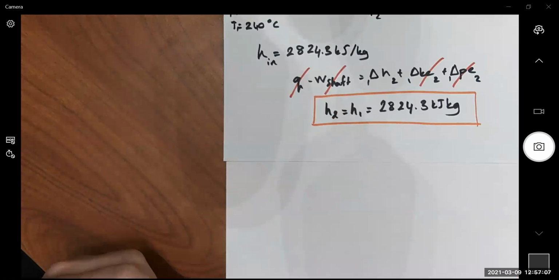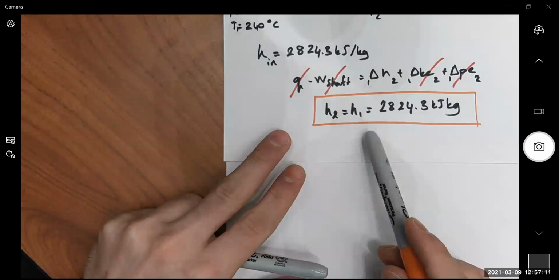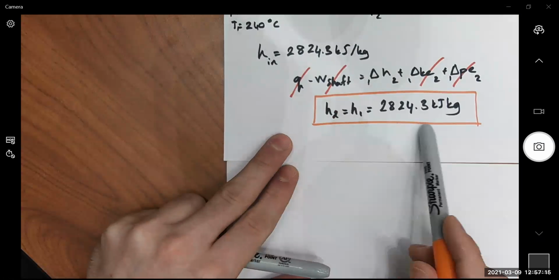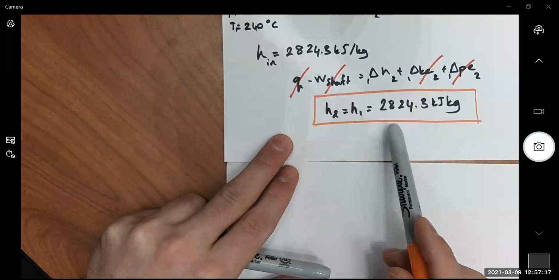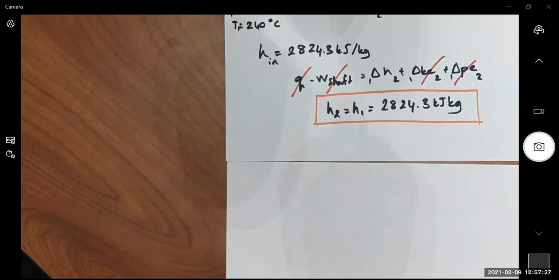If you go and check table A3, if I remember correctly, this value is in the superheated region. If you check the superheated region at 7 bar, this value should lie between 180 and 200 Celsius. So you need to interpolate.